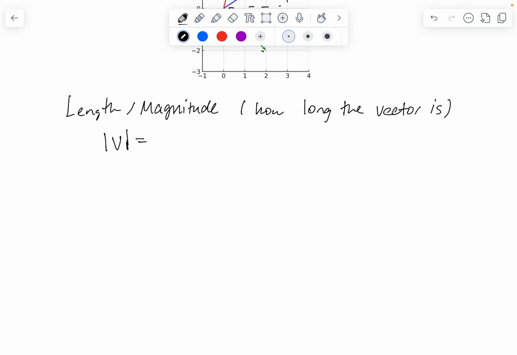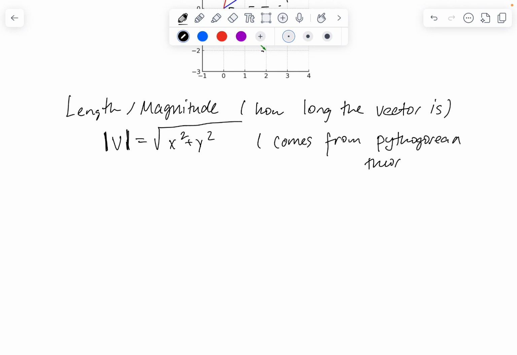So you have the vector in absolute, and it equals the square root of x squared plus y squared, and it also comes from the Pythagorean theorem.